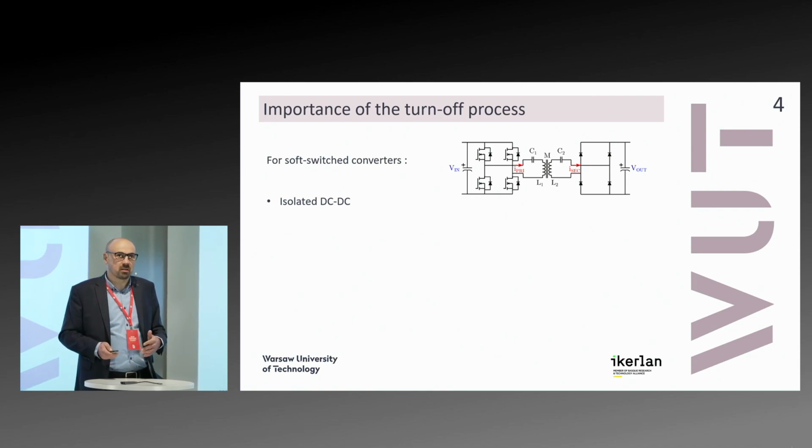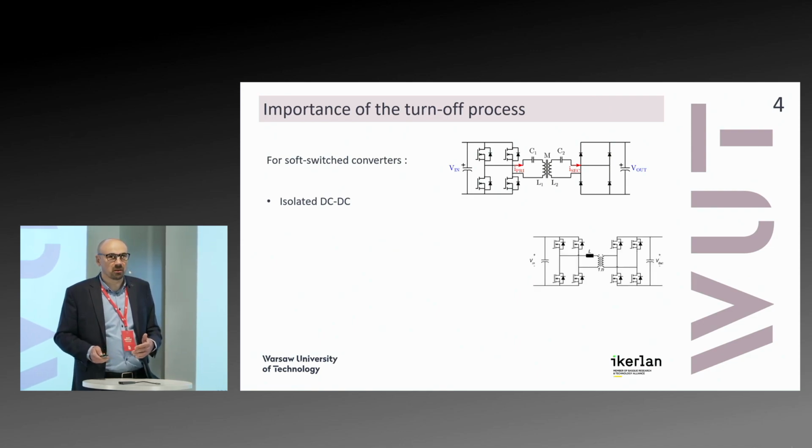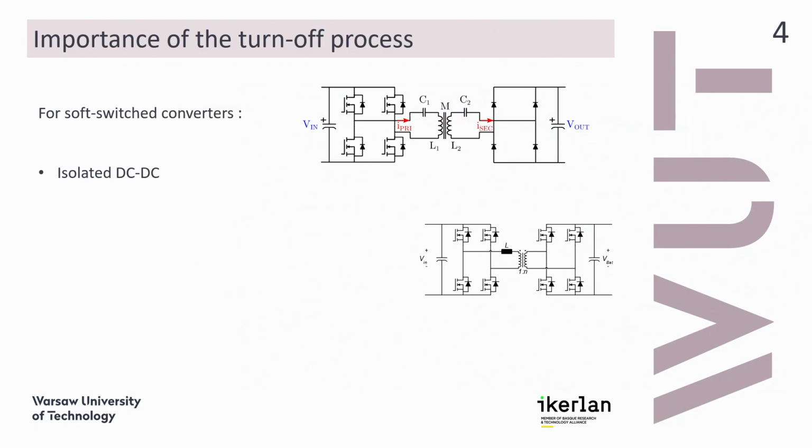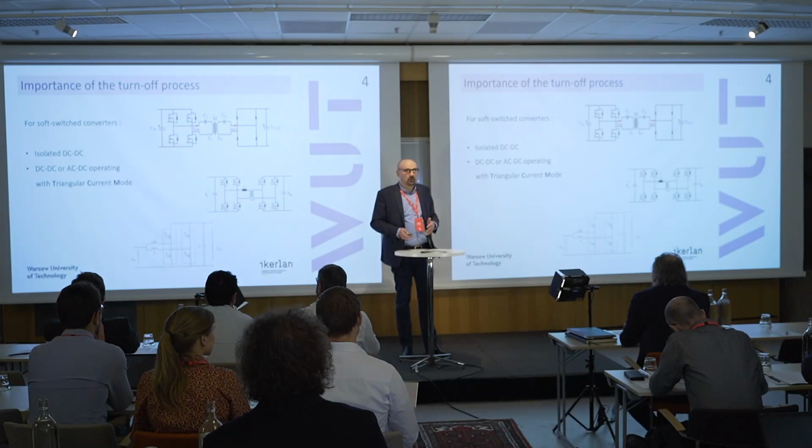So obviously there are resonant ones, as you can see on the slide, a dual active bridge, but also, as was presented yesterday, we can also operate with the triangular current mode or critical current mode, whatever you call it, with the DC-DC or AC-DC converter.